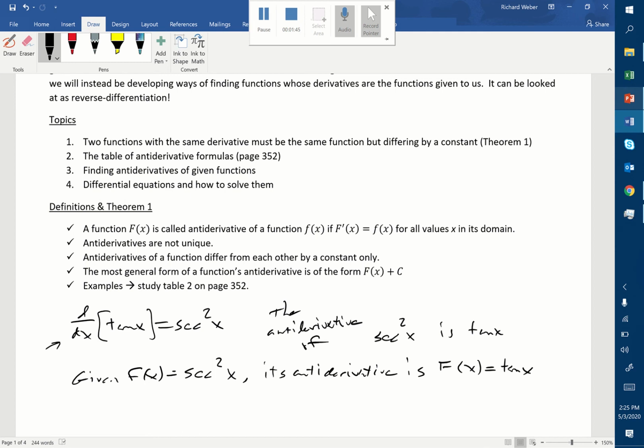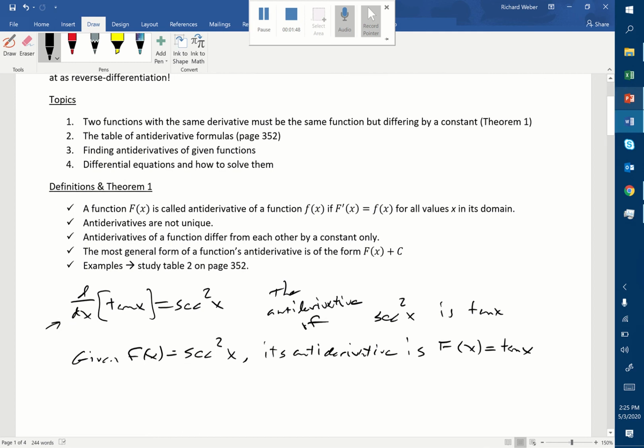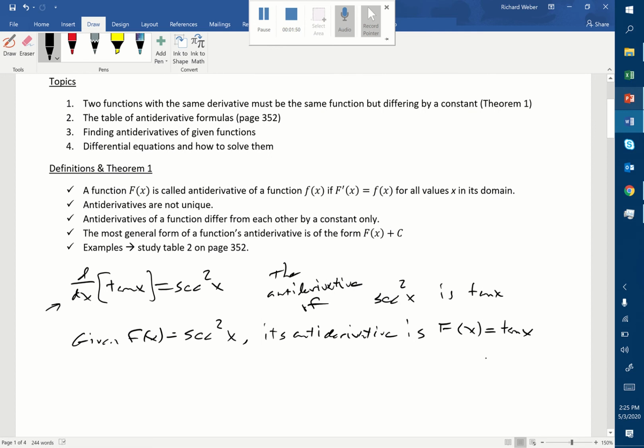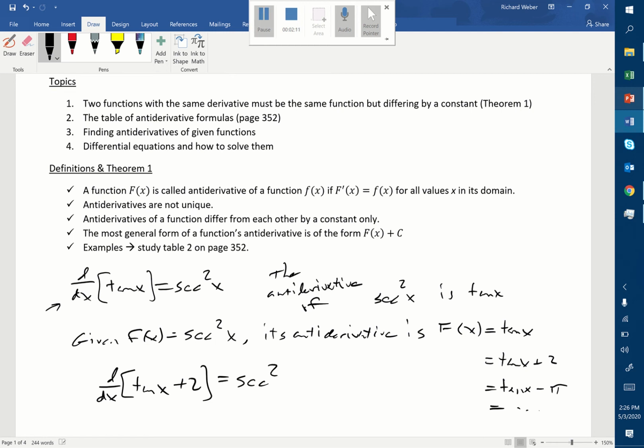But wait, here comes theorem 1. Couldn't it be tan x plus 2? Couldn't it be tan x minus pi? In other words, who says it doesn't have a constant? Because if I derive tan x plus 2, I get secant squared x, don't I?